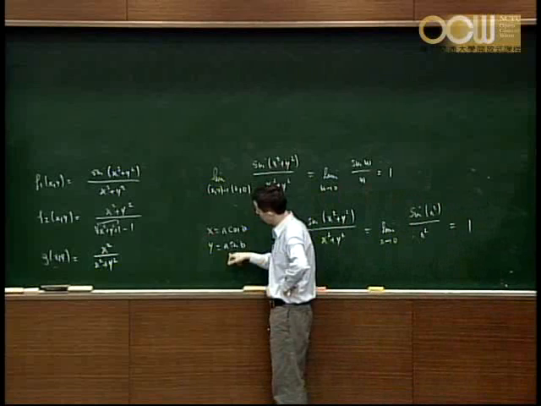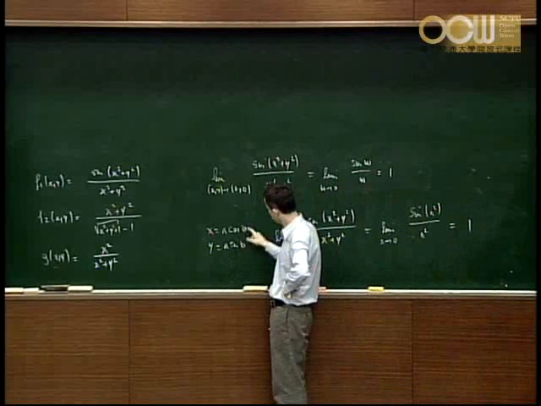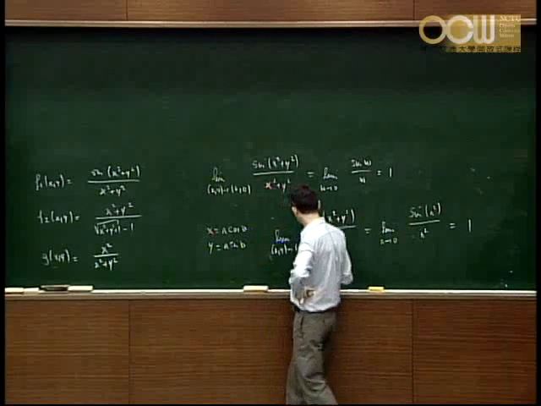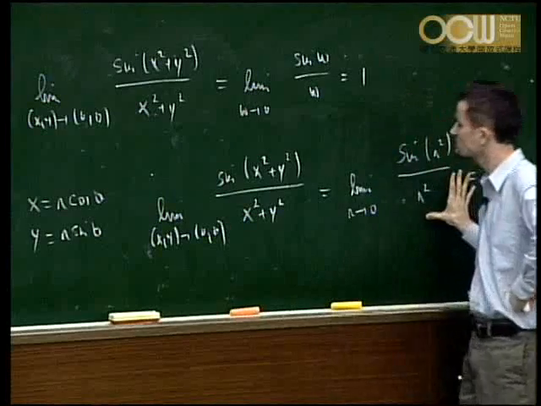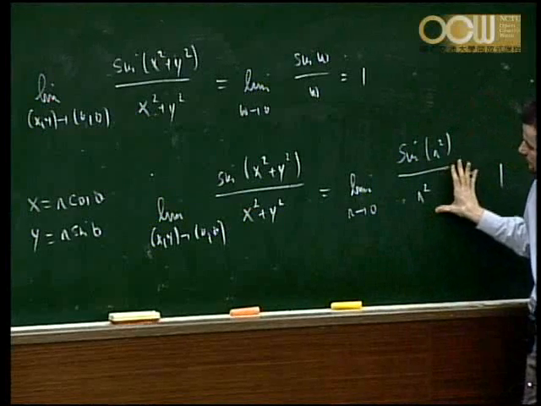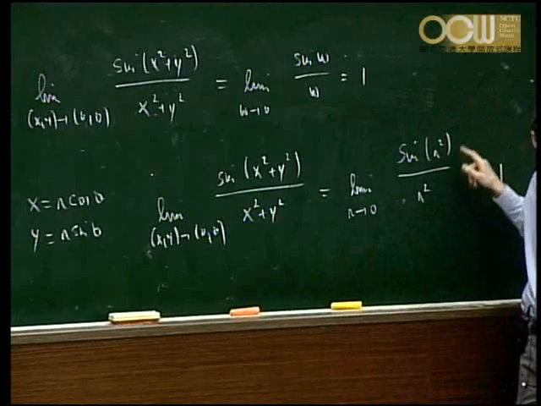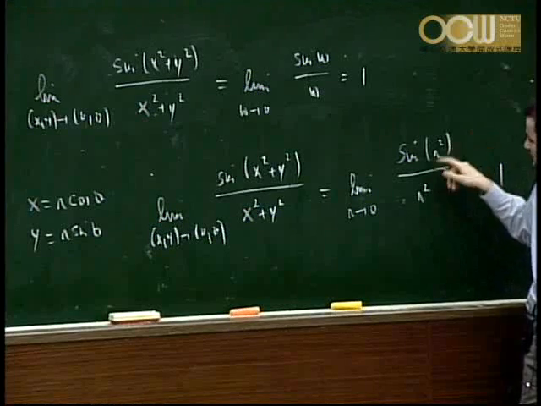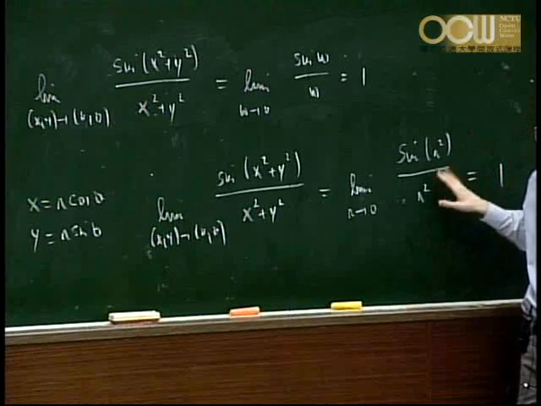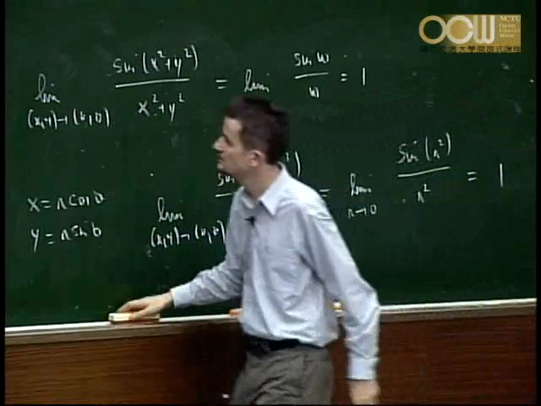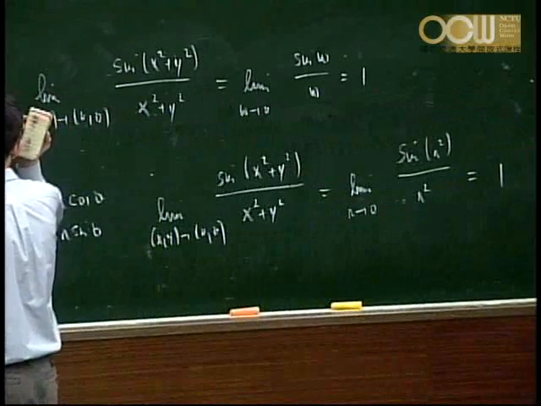If you introduce polar coordinates, the theta is also important, because this looks like a one-dimensional problem, but actually you still have a theta here. But this does not depend on theta, so that's why you can argue like this. We will see other examples a little bit later.